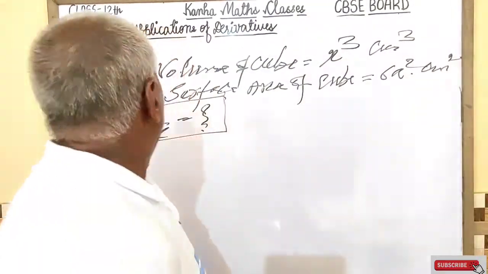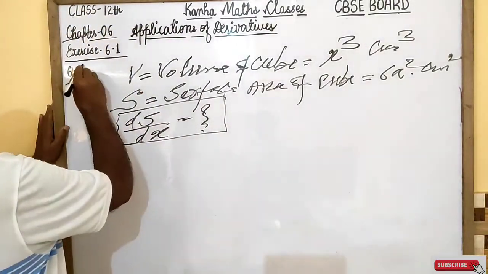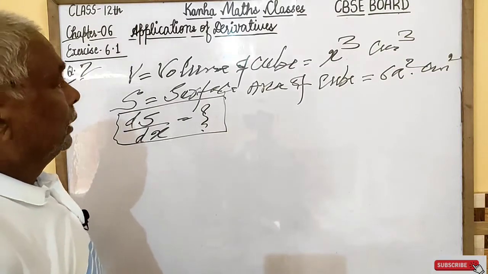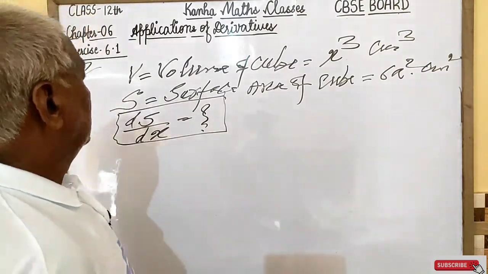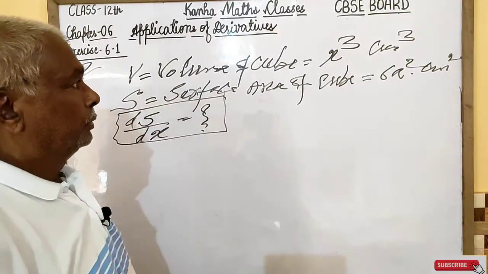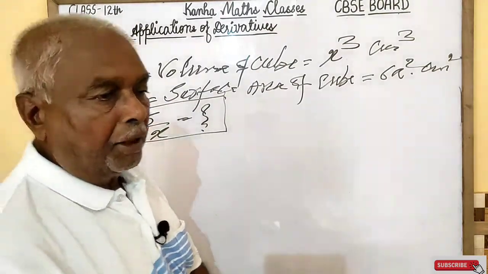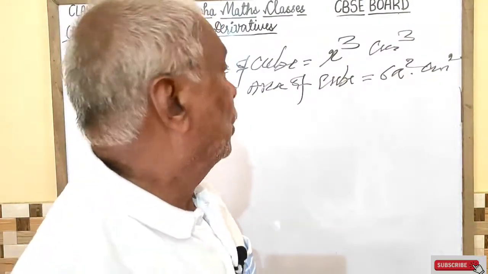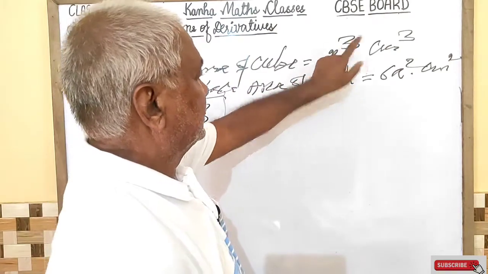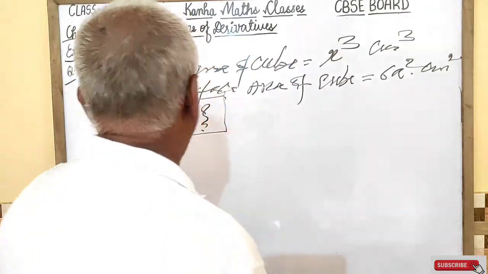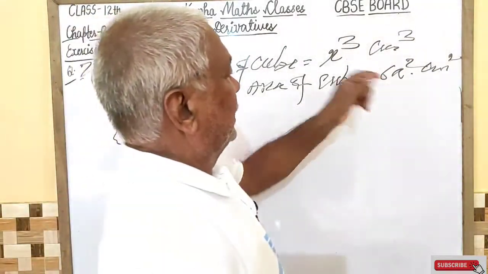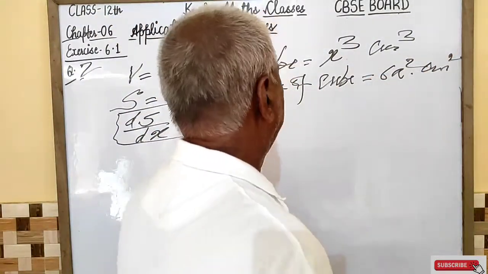In the coming second question of the same exercise 6.1, the question is about the volume of a cube and the surface area of the cube. If x is the edge of a cube, you must know that the volume of the cube V will be equal to x cube centimeter cube, and the surface area of the cube is equal to 6a square cm square.